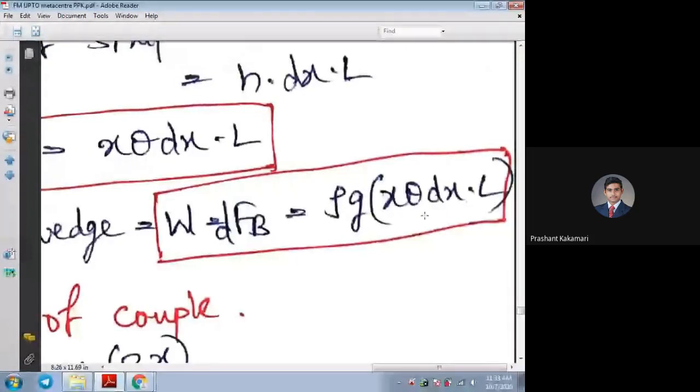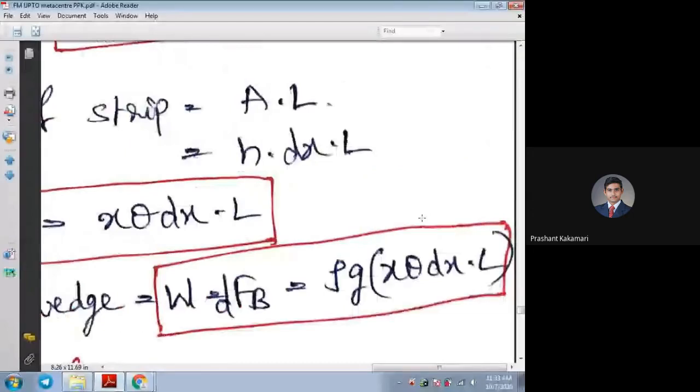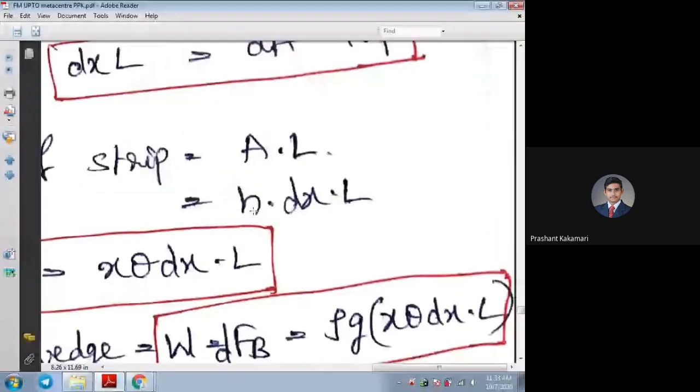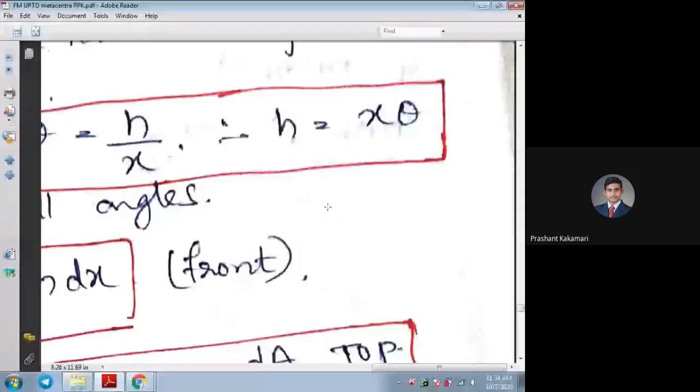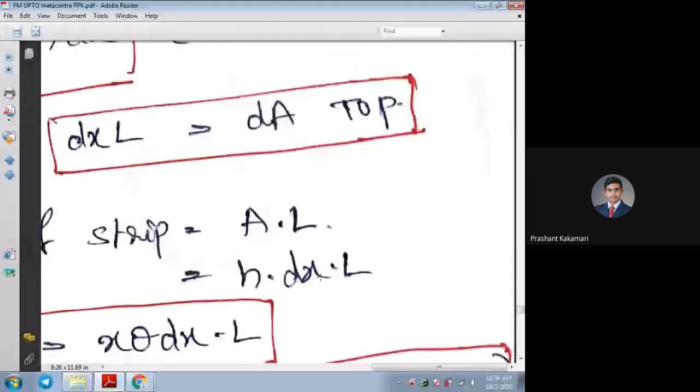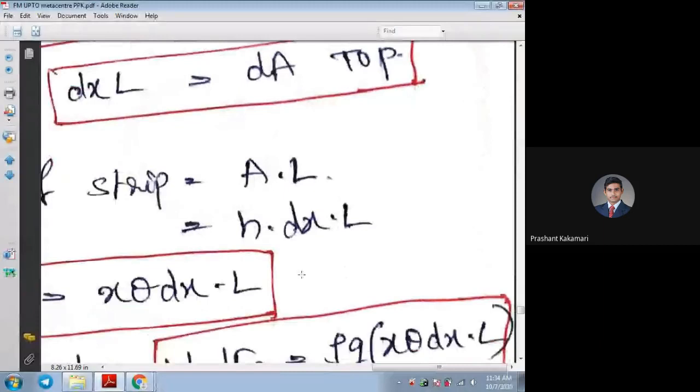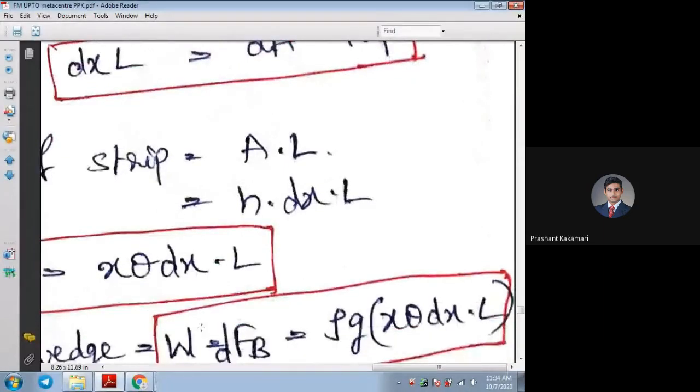In terms of normal volume, you can write x theta as h, so h into dx into L. That is also one of the volume of the given strip. So what they have done is replaced h with x theta.